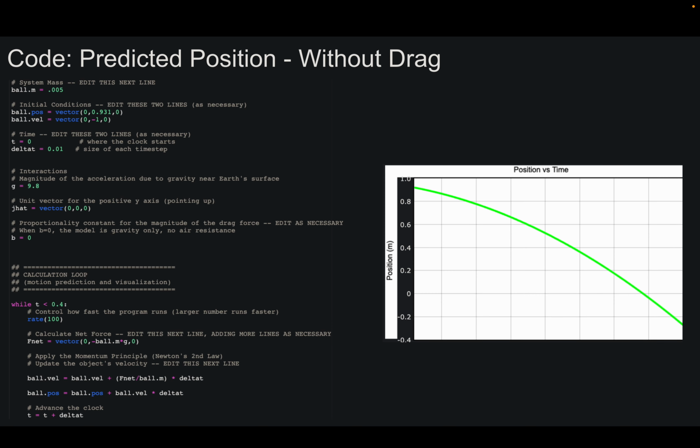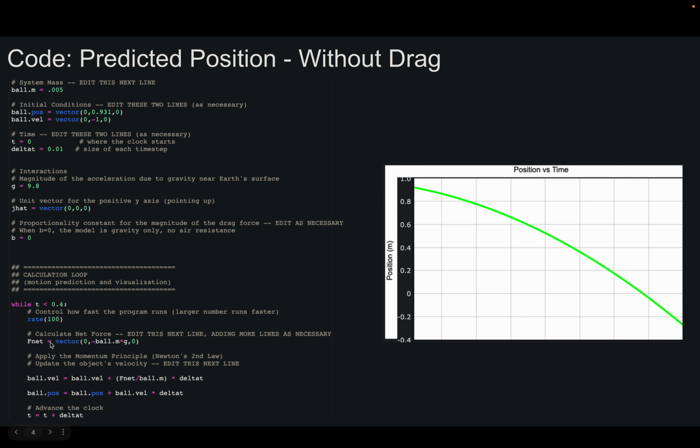So to predict the position, the code that we had to make for the computational model without the drag was basically I just had to change the code for the ball mass, which is 0.005, and the position was now at 0.931 as mentioned previously, and the ball velocity was initially -1.